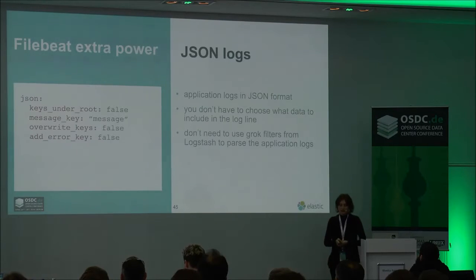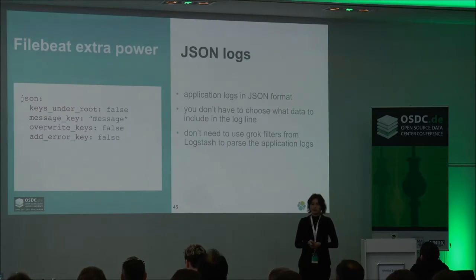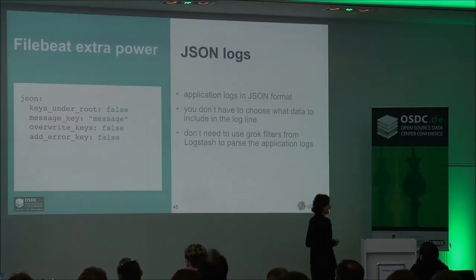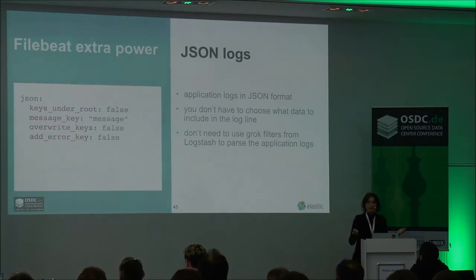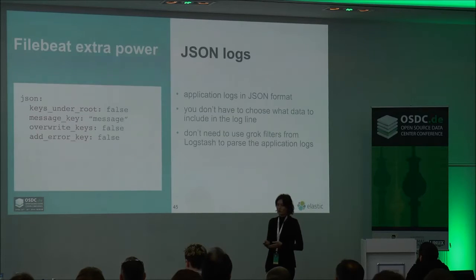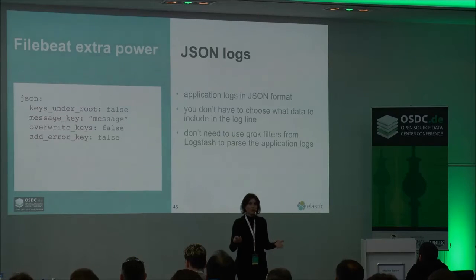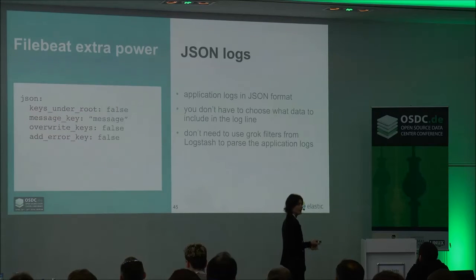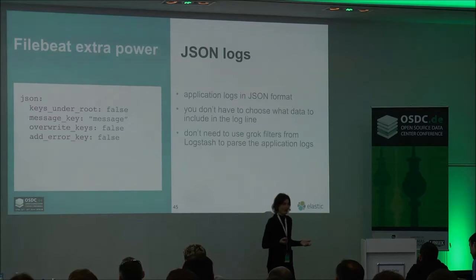Now, it's more and more common for applications to use structured logging. What this means is that your application logs are written in a JSON format. And of course, there are quite many advantages, right? Because you don't have to choose what data to include in your log line. You can just dump the entire structure. And that's quite nice.